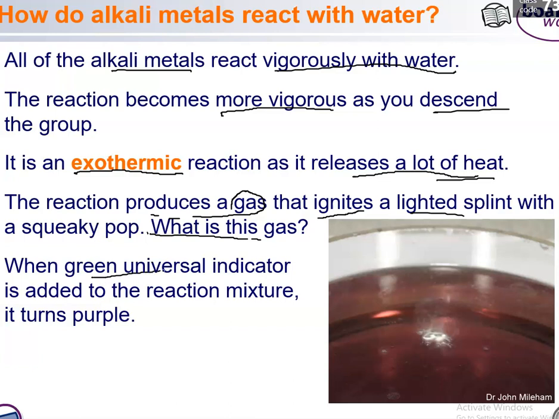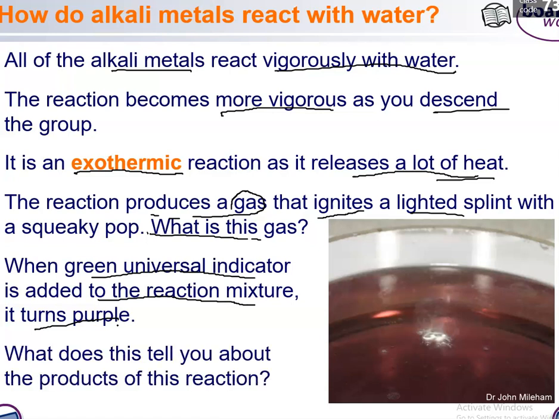Again, when green universal indicator is added to the reaction mixture, it turns purple. What does that tell you? When alkaline metals react with water, they produce a product. When we add universal indicator to the reaction mixture, it turns purple.